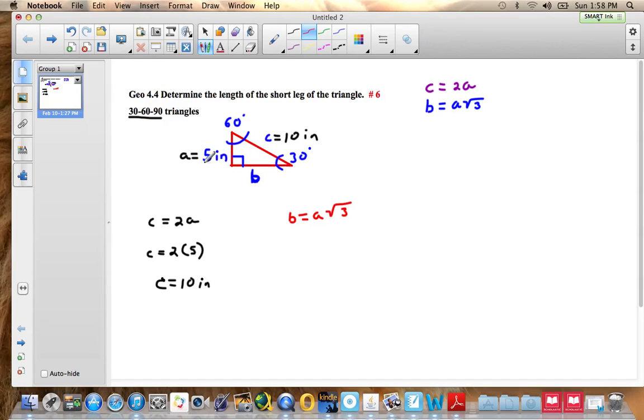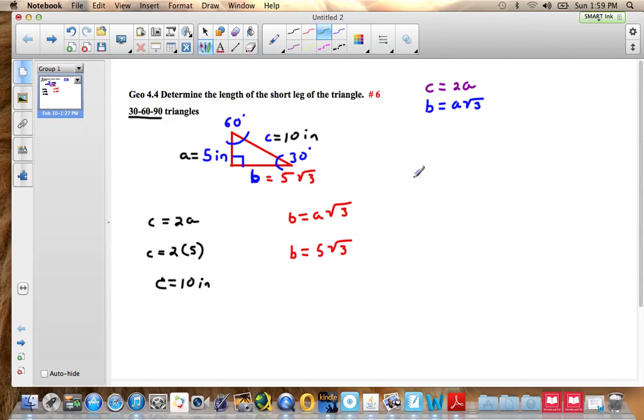So if I know what A is, which is 5 inches, I can plug 5 into A. So I end up with B equals 5 times the square root of 3. And that's basically it. So then B is going to be equal to 5 times the square root of 3, and I'm done.